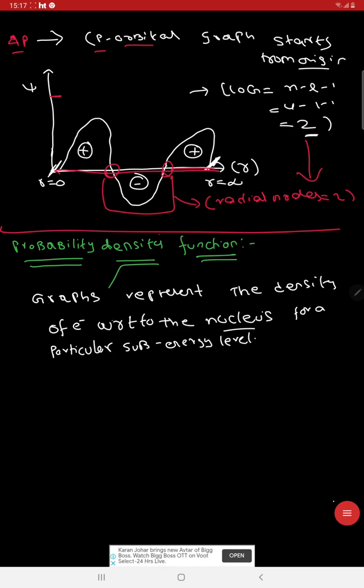The electron can be present in that sub-energy level, no? So for that, where the most probable density exists, the graphs are represented. This is the first point, and these are psi square versus r graphs.